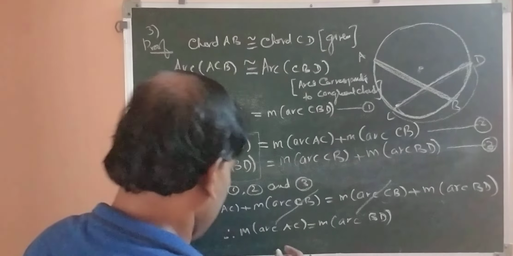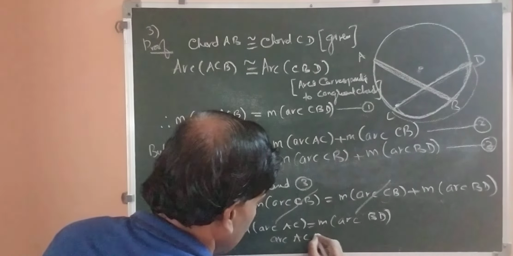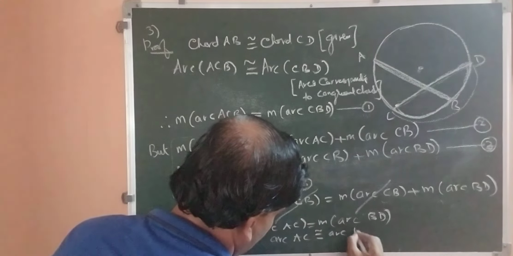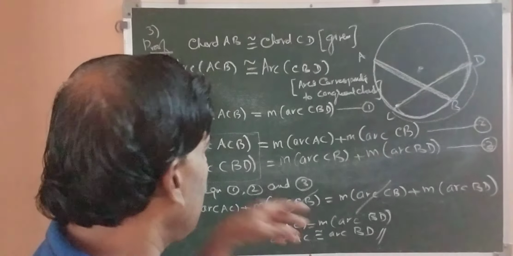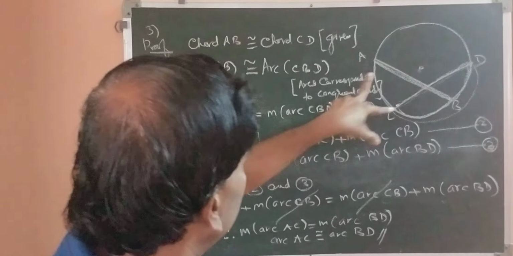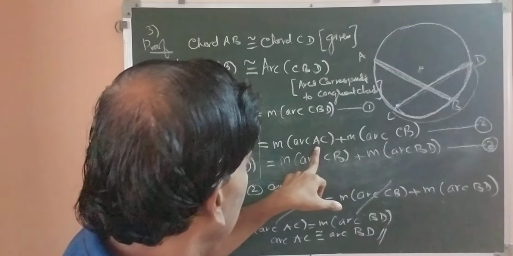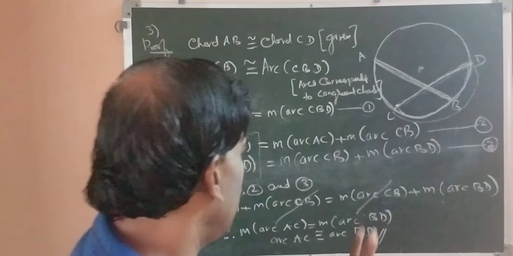This we have proved. That means what? Arc AC is congruent to arc BD. I will explain to you again. See, these two are equal. Now we have split up. ACB we have written AC plus CB, and then we have written CBD as CB plus BD.